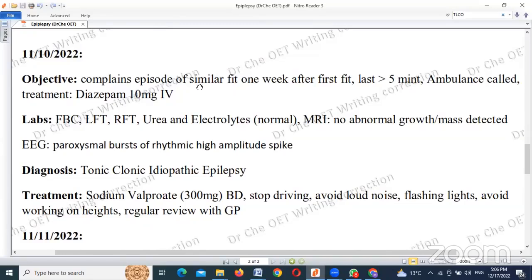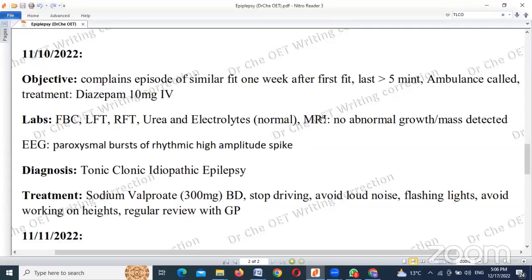They called an ambulance and she was treated with diazepam. Blood investigations were normal, MRI was normal, and EEG showed paroxysmal burst of rhythmic high amplitude spikes. Tonic-clonic idiopathic epilepsy was diagnosed and the patient was given sodium valproate.